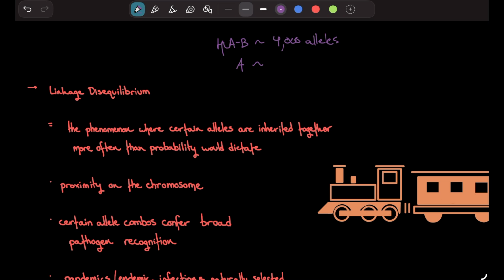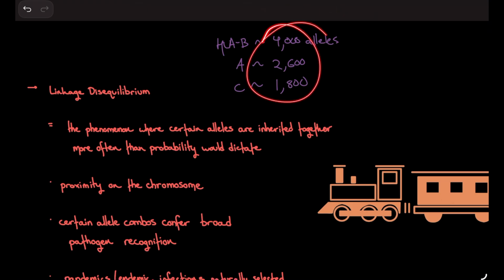I'm going to say A has like 2,600 and C has 1,800. If you do the statistical nonsense, like the factorials that get you all of the potential combinations of these, that's a very, very high number.